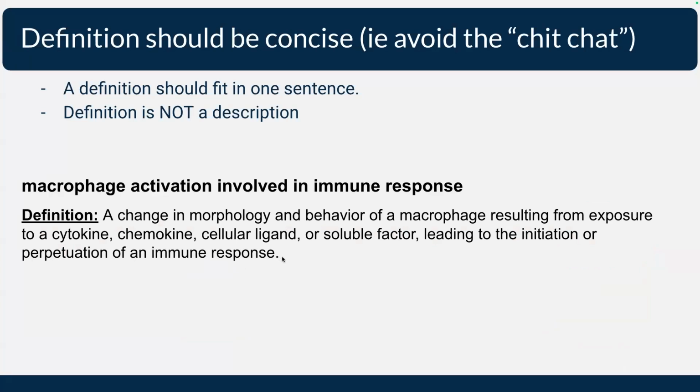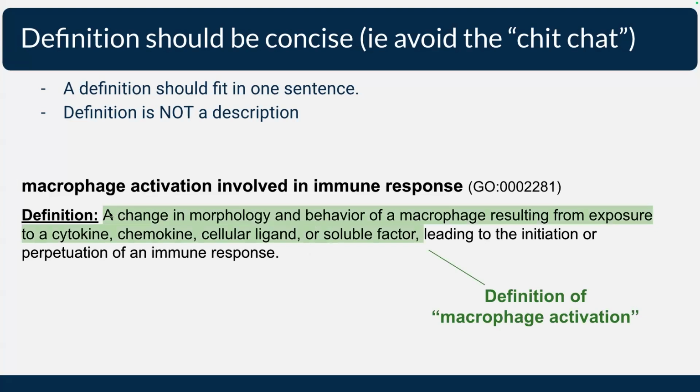If we were just strictly following genus differentia, we would probably have something that says it's a macrophage activation that leads to the initiation, and so on. This entire section actually represents not the word macrophage activation, it is actually the definition for macrophage activation. And so this is what you mentioned earlier, Sierra.